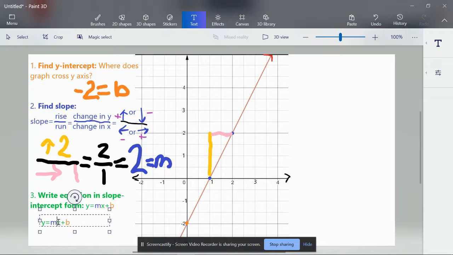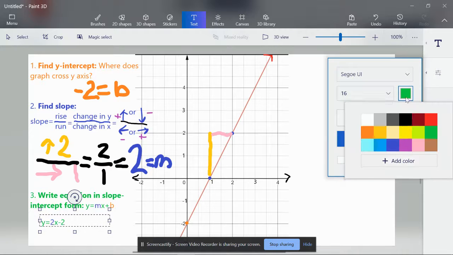So for our equation, we can replace our m with our 2. So we're going to make this 2. And then since we found that b equals negative 2, or our y-intercept is negative 2, we're going to replace the b, and the plus in this case, because we don't have a positive b, we have a negative b because it's negative 2.